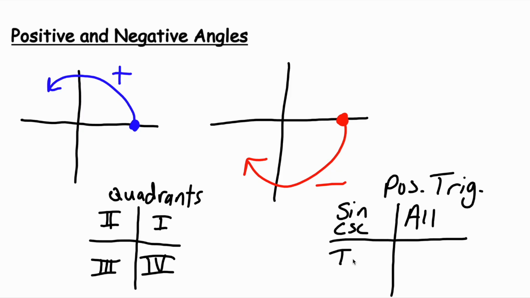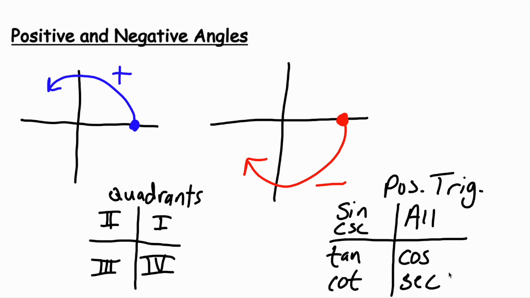Down here, tangent. I don't know why I made a capital T there. Tangent is positive, and that also means that cotangent is positive. And then over here, cosine is positive, which also means that secant is positive. Okay, so that's another thing that's just helpful to remember.